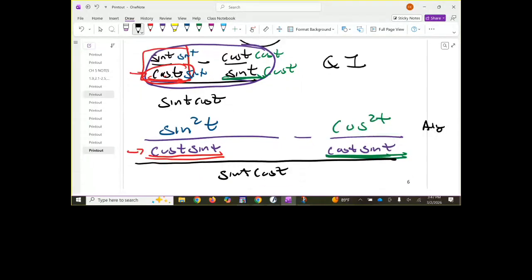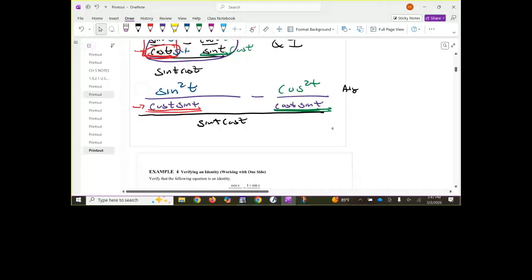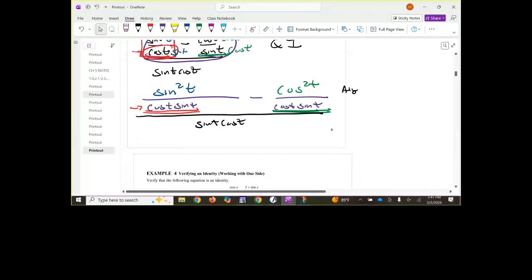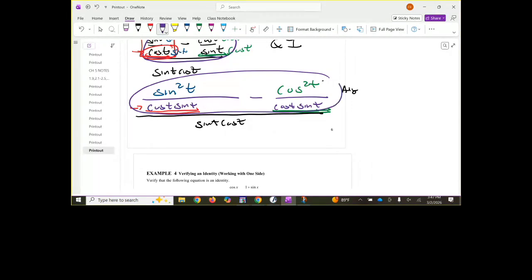Sorry, I'm going to zoom out here. Now that we have a common denominator right here, y'all, let's write it as a single fraction: sine squared t minus cosine squared t over cosine t sine t, divided by sine t cosine t.